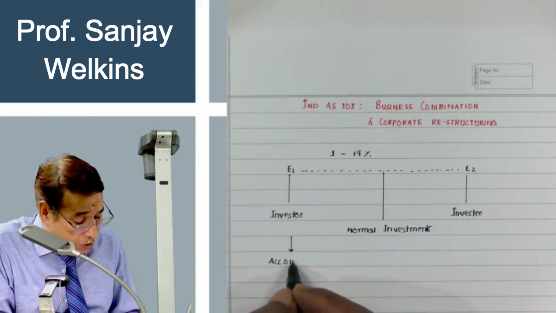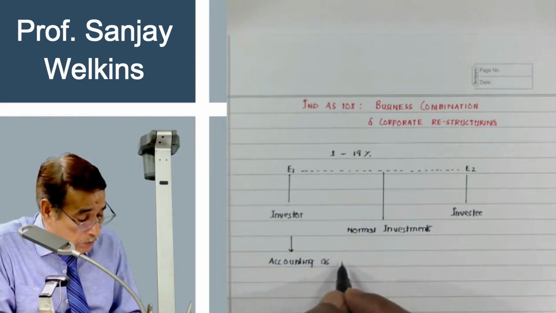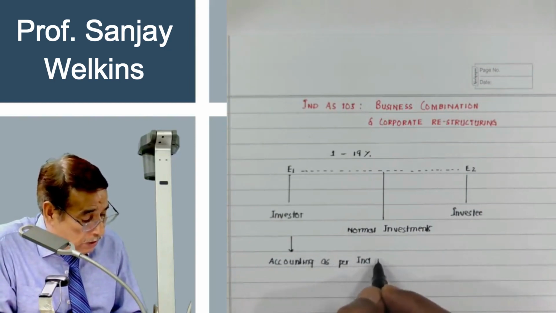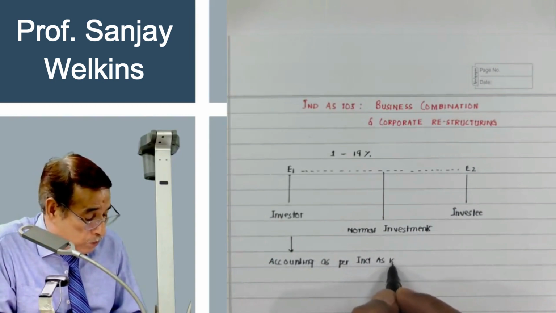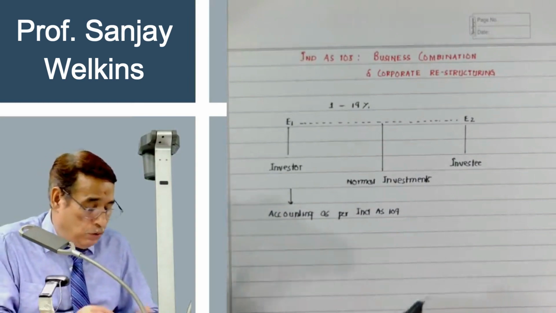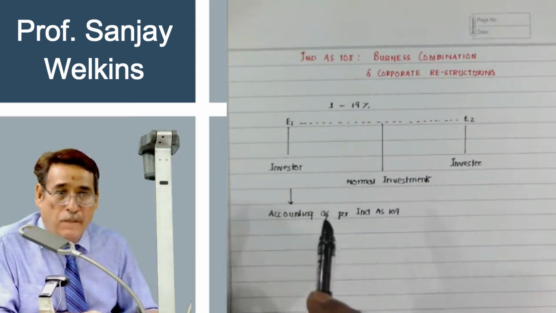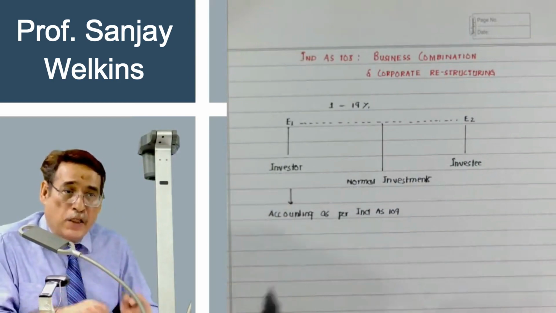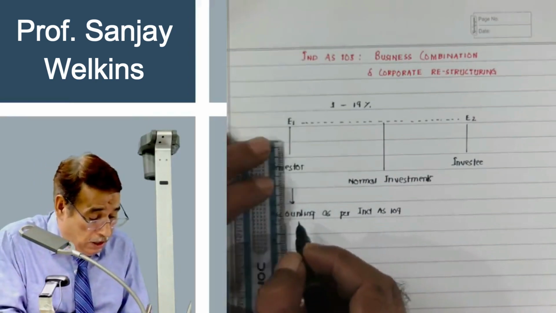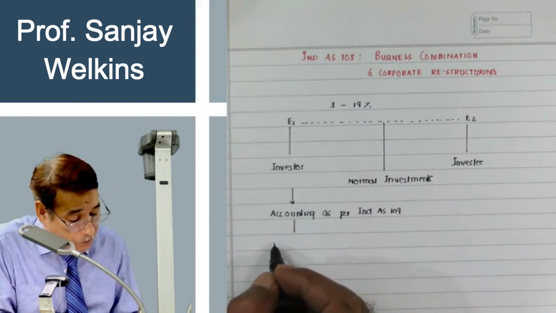Investor will do accounting as per Ind AS 109. This is an important aspect which you need to understand. So the investor will have to do the accounting for the investment which it has made in the other entity, and the accounting will be done as per Ind AS 109, and accounting will be done only in SFS. Only in SFS. What does it mean?